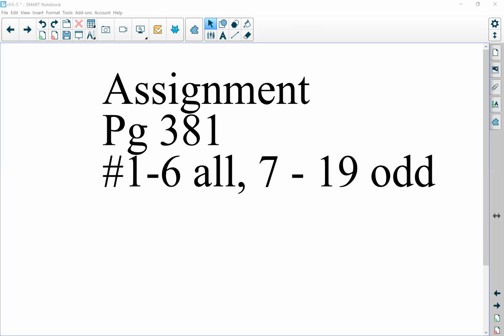It'll be 1/3 times 2x plus 1 to the 3/2. And now you'd have from 0 to 4. So basically you would plug in 4, plug in 0, and subtract.